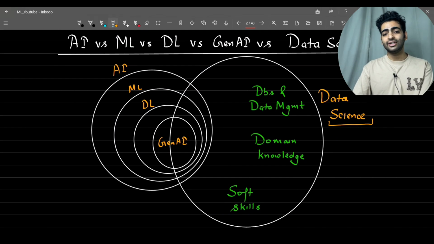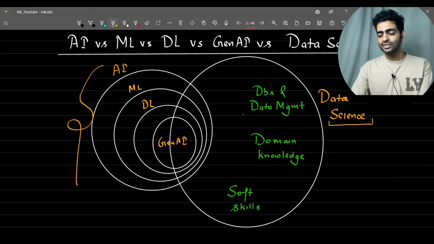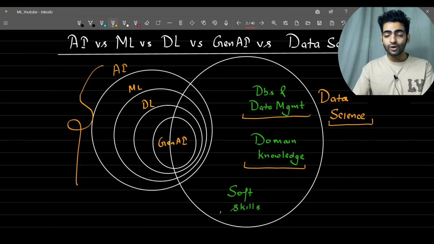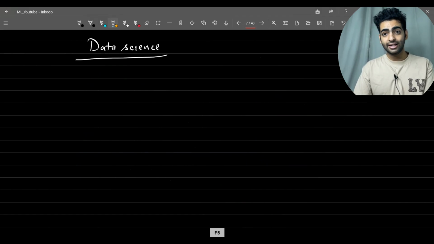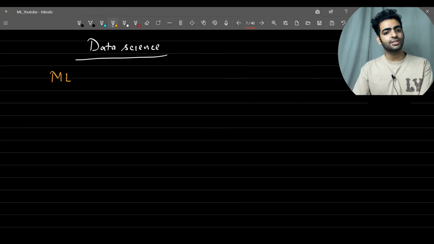Now let's understand what data science is, which is actually the intersection of all these key areas. Plus you need some additional skills like database or domain knowledge, and of course good communication skills, right? So being a data scientist, if you have a machine learning use case, you should know that.